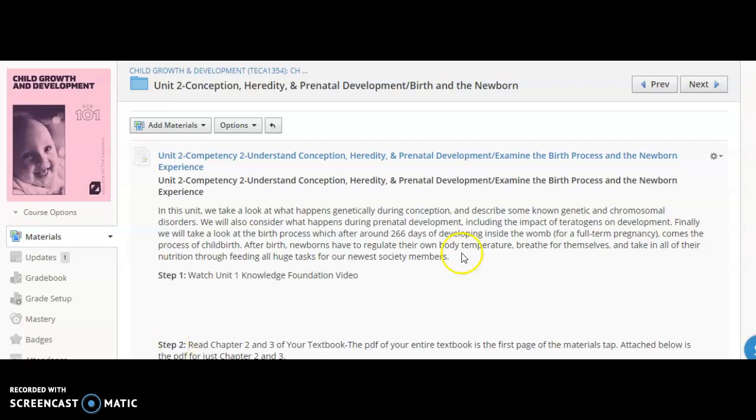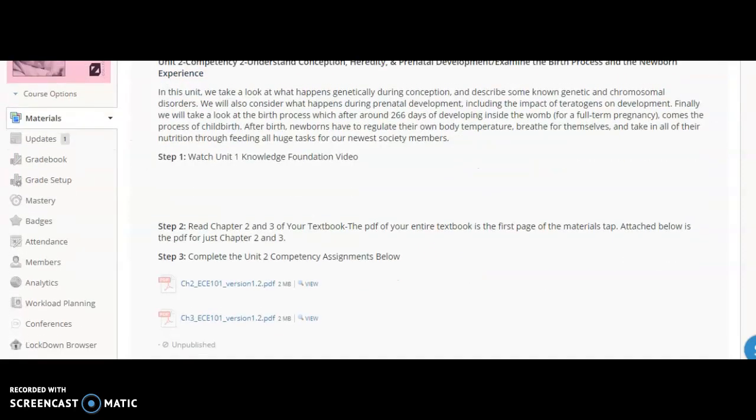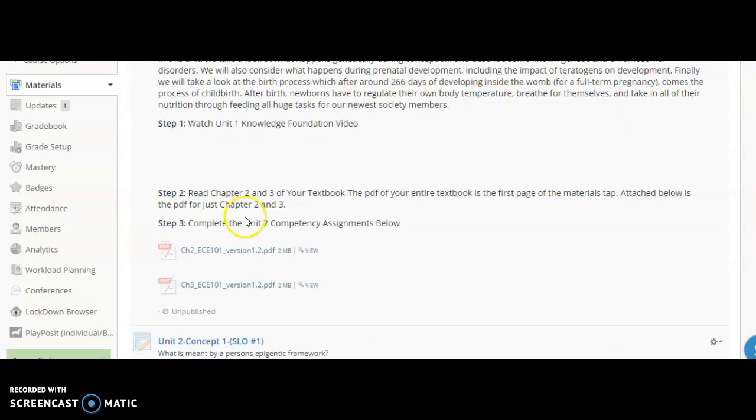So with that being said, you are going to want to read chapter 2 and 3 of your textbook. Like last unit, of course you can access your full PDF textbook from the link on the materials page, but you can also access just the chapters for this unit, chapter 2 and chapter 3, right here. And if you want to print them, that is up to you.